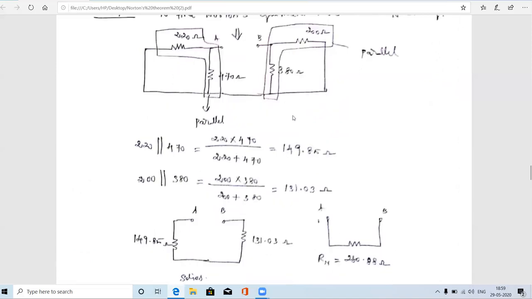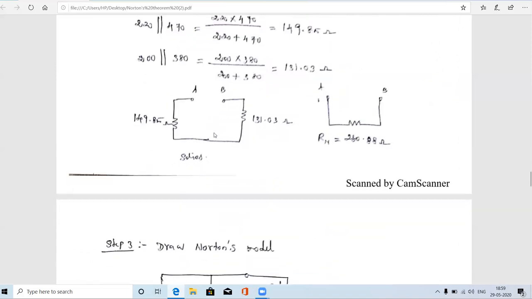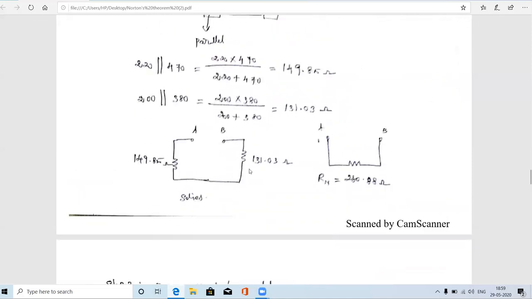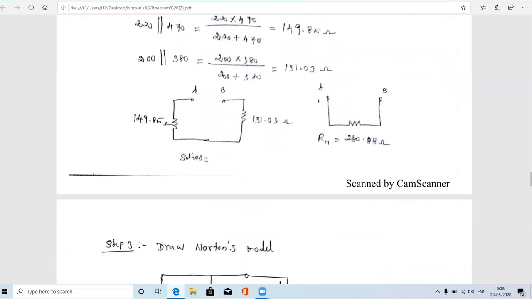Then you just replace each parallel pair with one single resistance. And again, these two resistances are connected in series combination. So we add these two values, and we get one resistance across the terminals A and B. This 280.88 is said to be the Norton's equivalent resistance. So this is the second step.